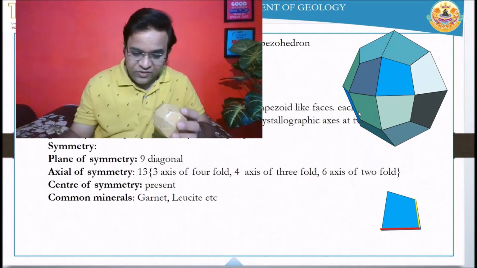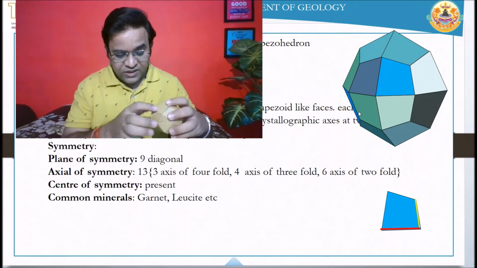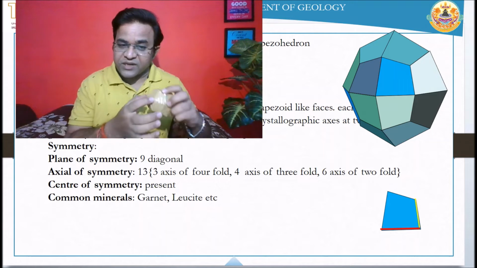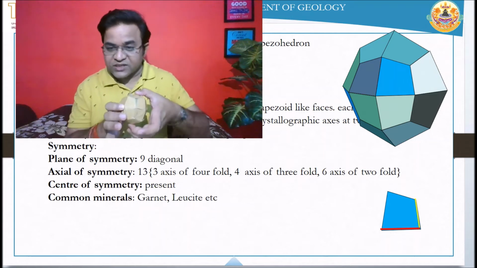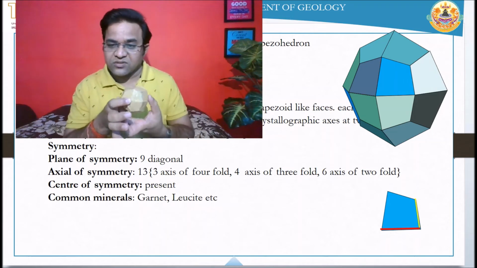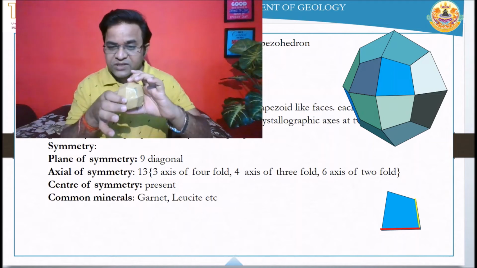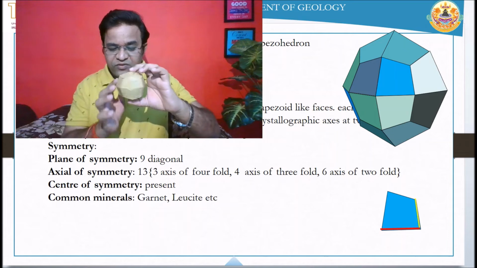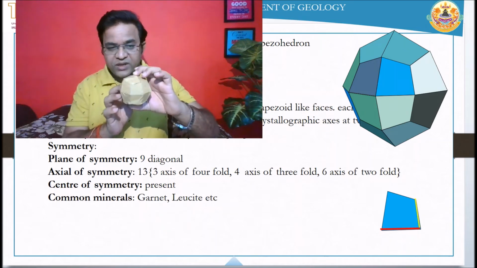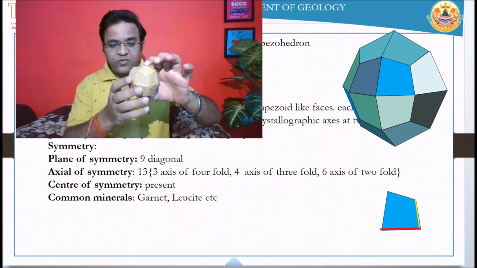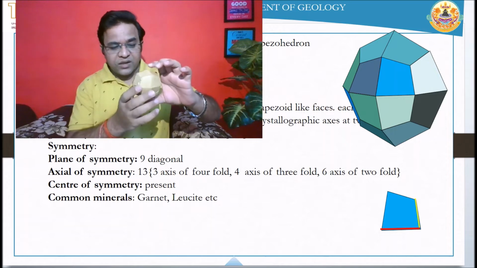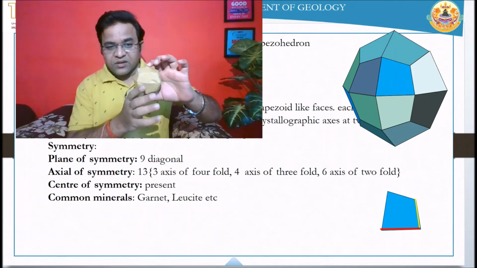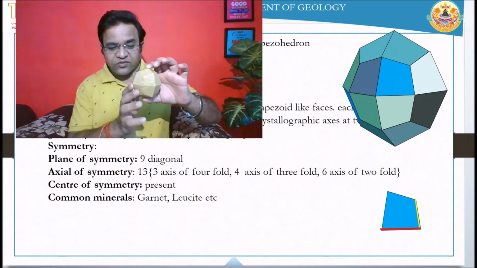So why am I telling this? Because where the longer sides are meeting at a junction, these are the crystallographic axes. If you hold from this, you will get fourfold symmetry. How many? Fourfold. Holding a point where four longer sides are meeting, you will get fourfold symmetry.